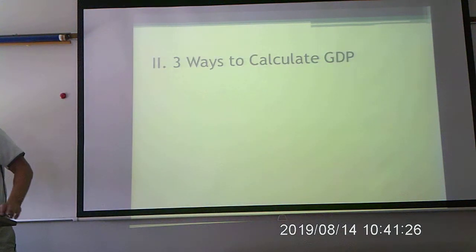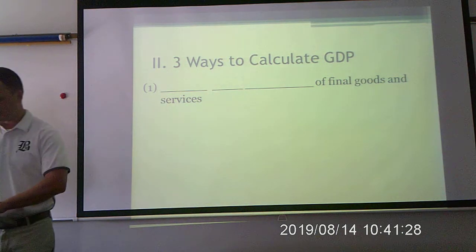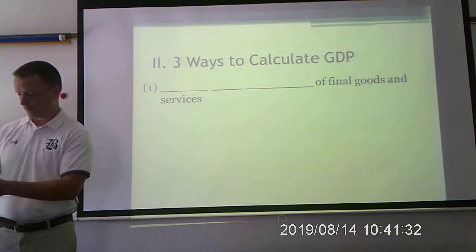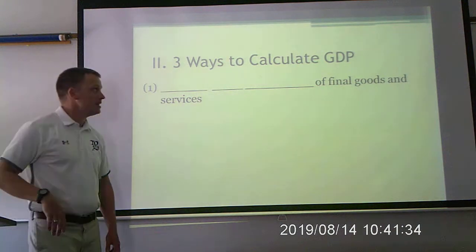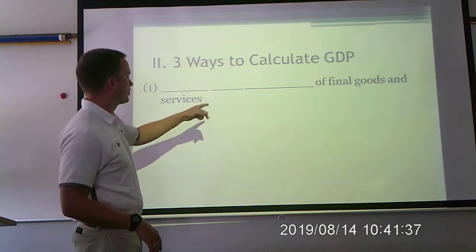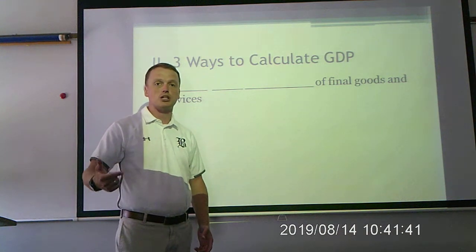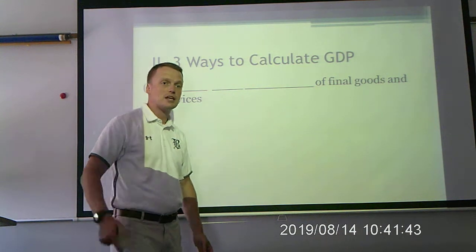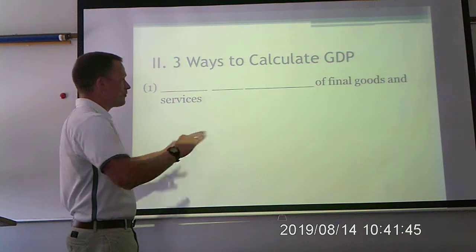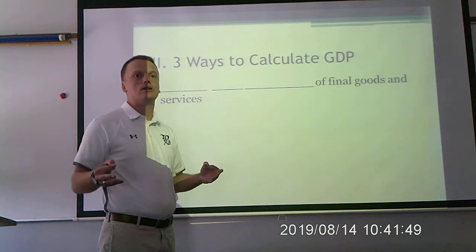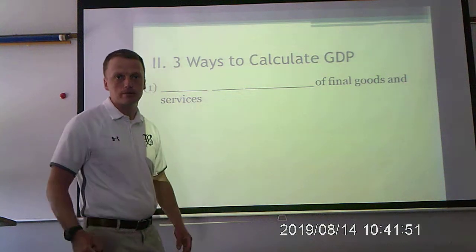Okay? So let's get into it a little bit. How to calculate GDP. There are three ways to calculate GDP. One is the value of the production of all final goods and services. So everything that is produced, what is its value, add it all up, boom, there's GDP.